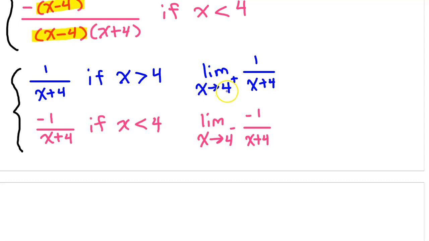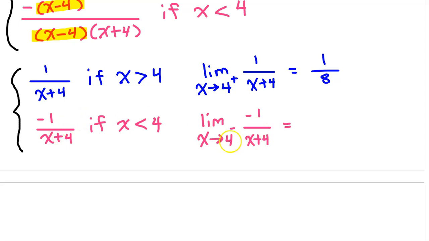As x approaches 4 from the right, the top piece of this piecewise function applies. We can find this limit by direct substitution. So this will equal 1 over 4 plus 4, which is 1 over 8. As x approaches 4 from the left, the bottom piece applies.